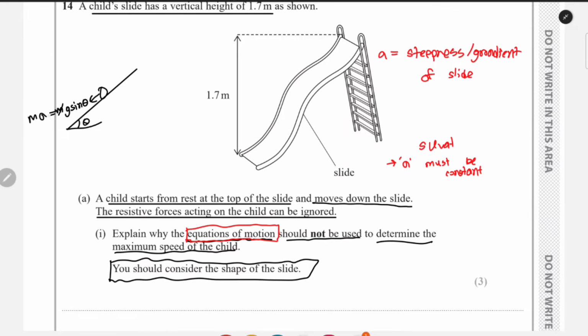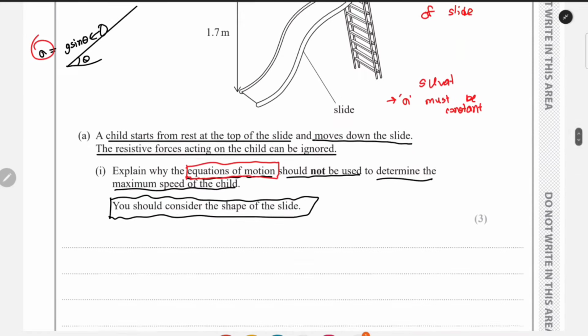So ma is mg sine theta, the m's cancel out, we get a equals g sine theta. However, for this ramp over here, we have one value of theta over here, another value of theta over here. So the sine theta is always changing. So this is not a constant acceleration for this ramp.